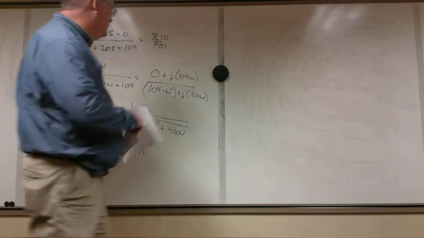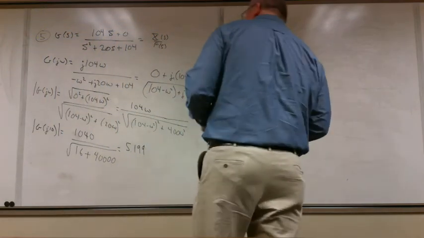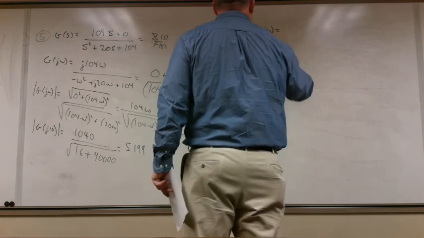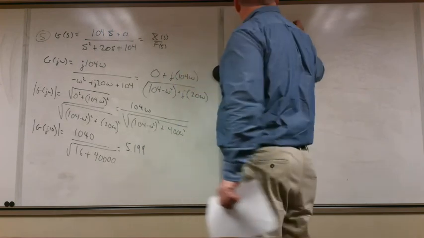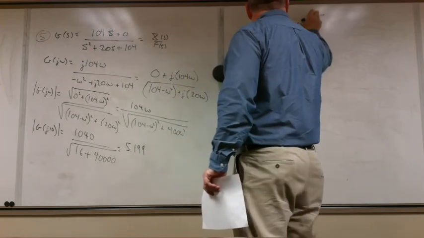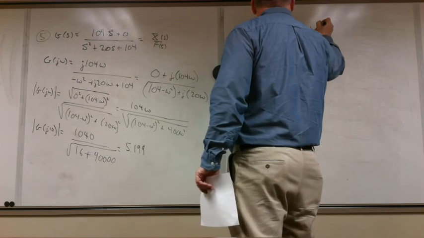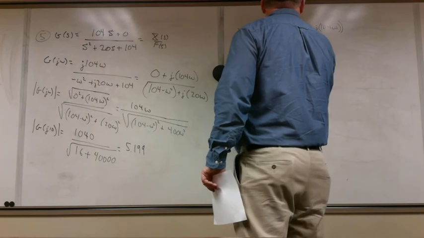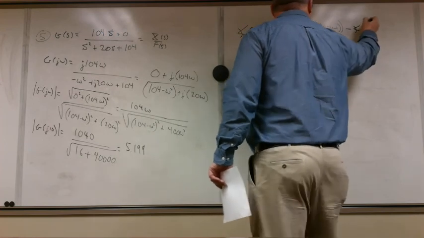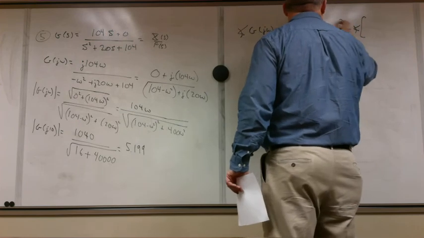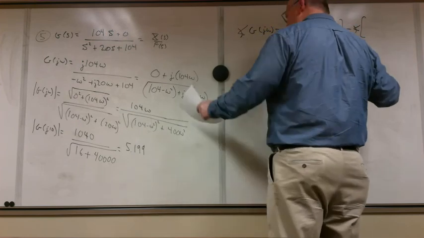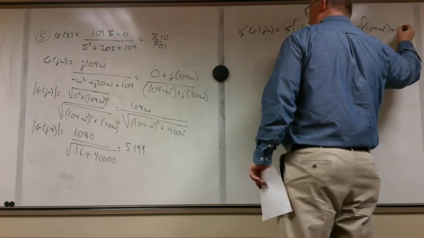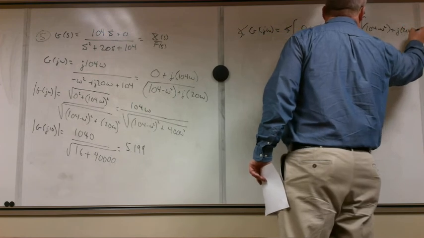Phase angle, G(jω). The angle of G(jω) is equal to the angle of the numerator, which we write as a real and an imaginary part: 0 plus j times 104ω, minus the angle of the denominator, which is 104 minus ω squared plus j times 20ω.